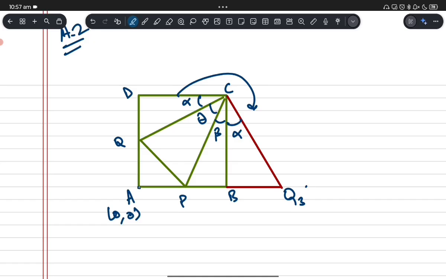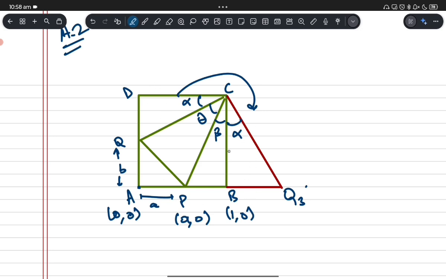That means we'll assume that this is the origin. Remember that this distance was a, so let me just mark this a and this as b. So the coordinates of point P are going to be a 0, and of point B are going to be 1 0, right?